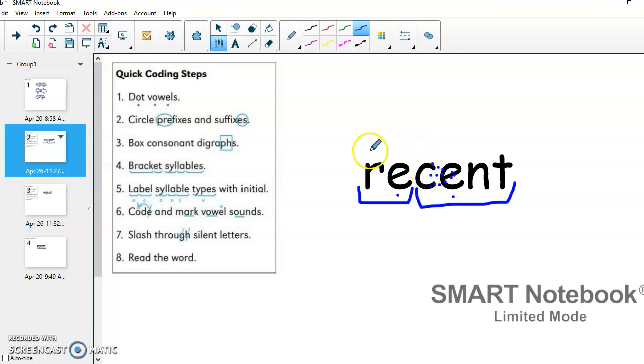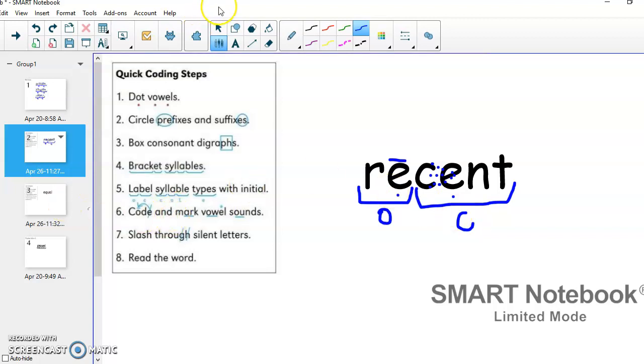All right, let's tap that one again. R, E, re, s, n, t, scent. Recent. So this first syllable is open and the second syllable is closed because we actually still have Eddie's sound in that one. Okay? So this word is recent.